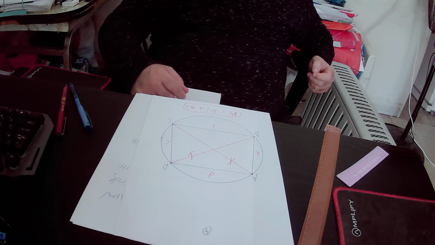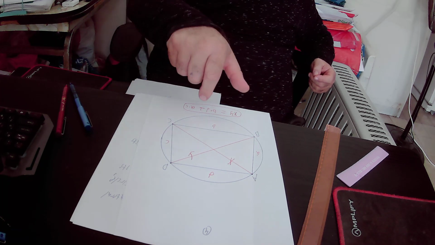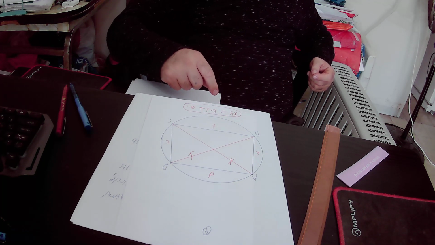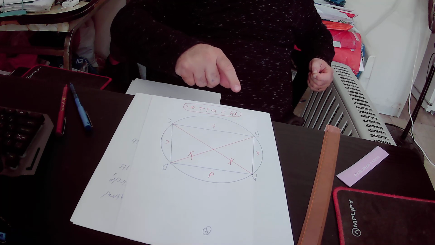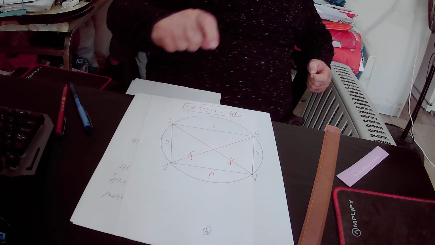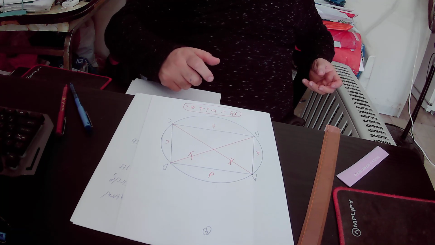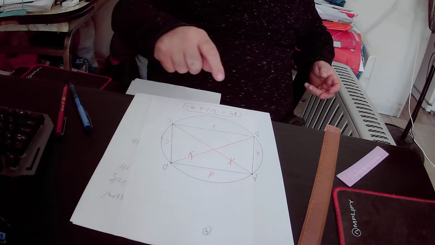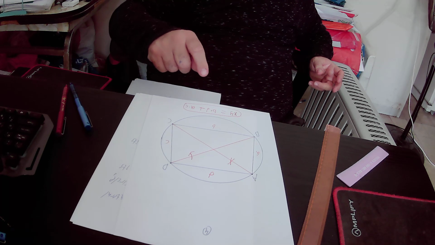Therefore, the product of the first two opposite sides, BC and AD, is B times D. And the product of the second opposite sides of quadrilateral ABCD is A times C. And according to rule number 2, the product of its diagonals, x times y, equals the sum of products of its opposite sides.